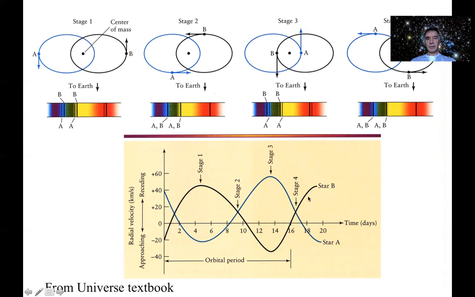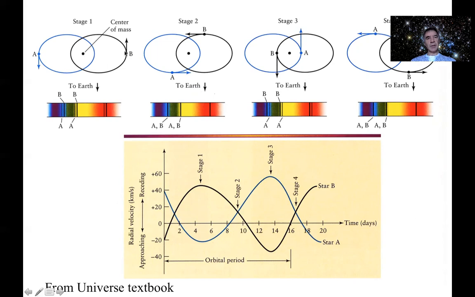One effect that you can see here as well is that these curves are not perfect sine waves, and that's because in this case, and probably in most cases generally, the orbit is elliptical rather than circular. Remember, star B here is a long way from the center of mass.